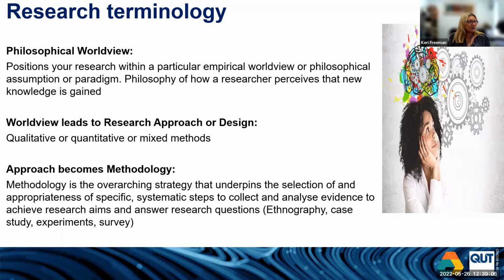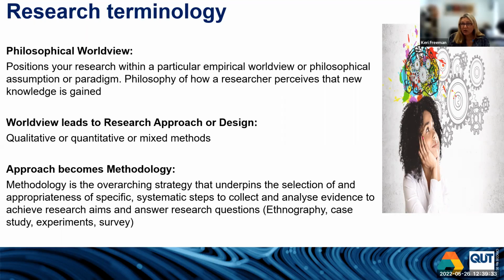So everything is underpinned by your empirical world view. So what's your philosophy? How do you think that we gain new knowledge? Okay, now that will then lead to whether you're a qualitative researcher, a quantitative researcher, or like some of you, you're doing mixed methods, so a bit of both. So then from there, the approach becomes the methodology.